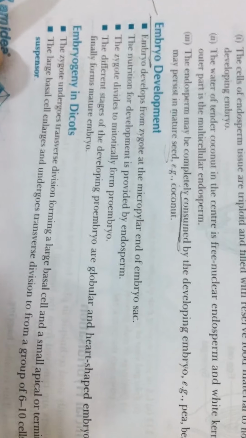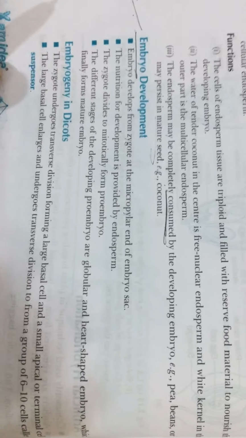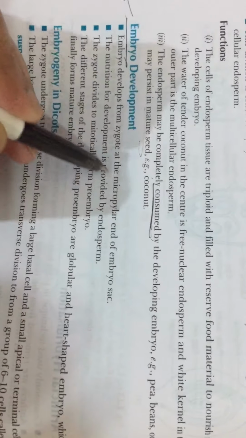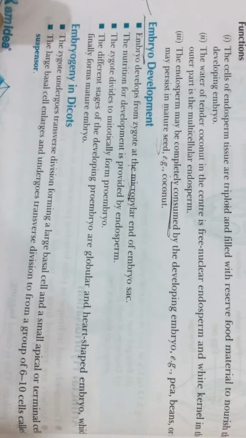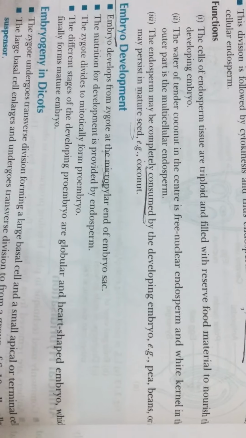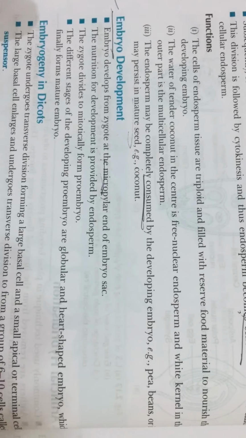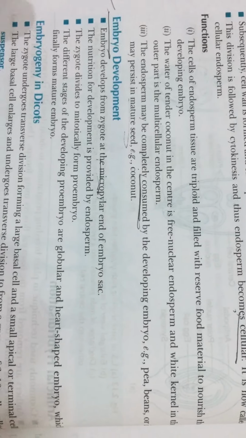Next, we are going to discuss embryo formation in plants. The embryo develops at the micropylar end of the embryo sac. The zygote divides after the endosperm is formed, which assures the nutrition of the developing embryo. The early stages of embryo development are the same in both monocots and dicots.